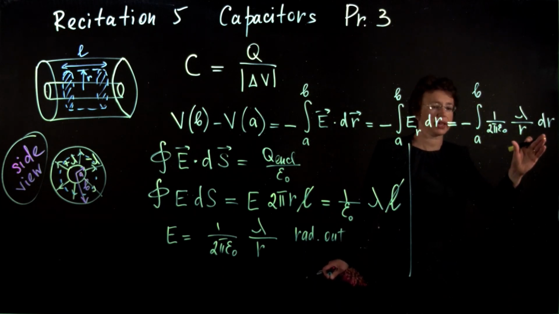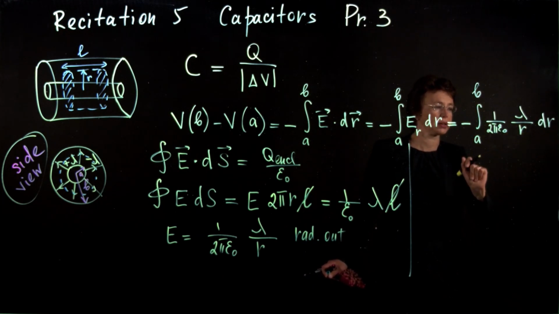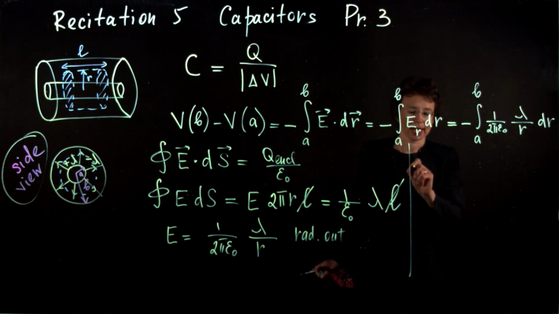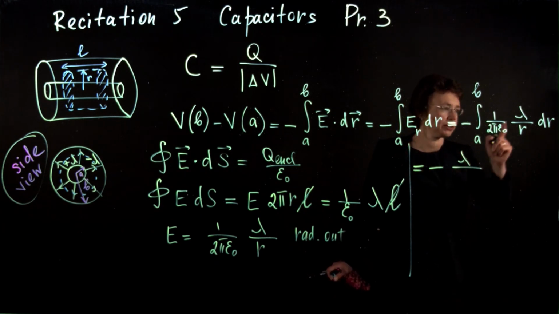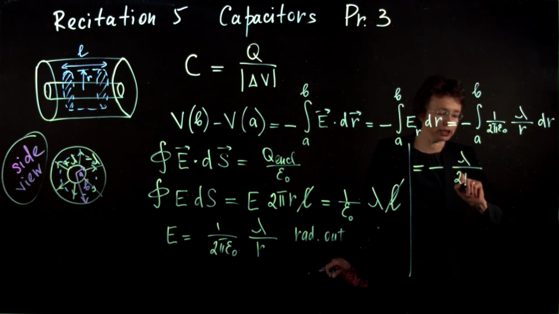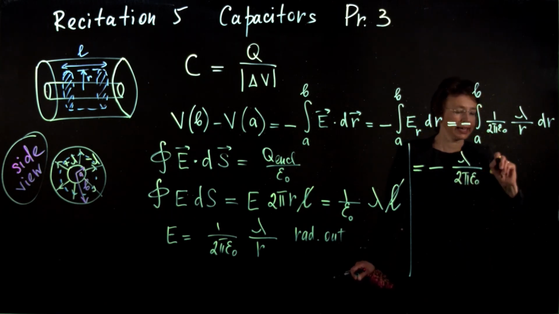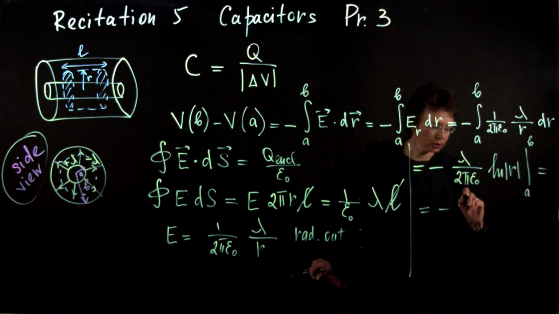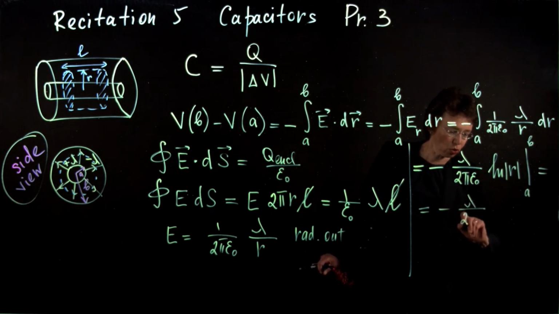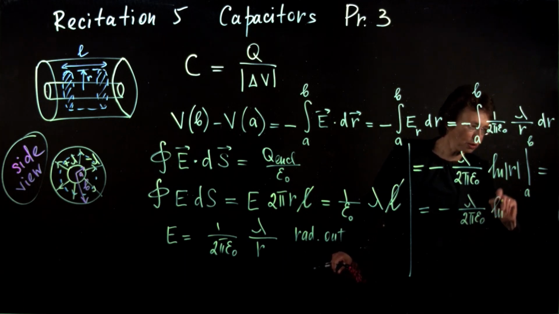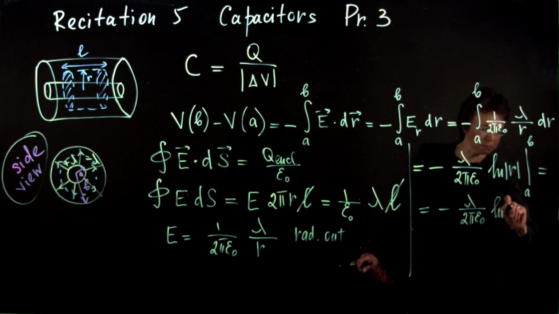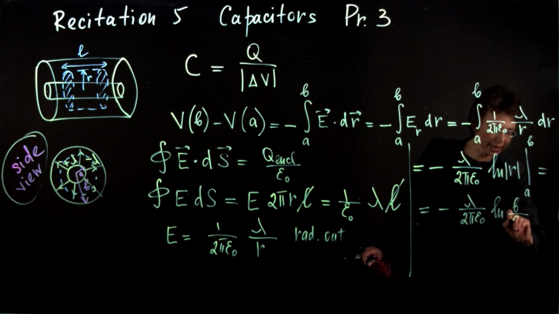This is minus, I take constants out of the integral, lambda divided by 2 pi epsilon naught, logarithmic function of r, and the limits are from A to B. I plug in the limits, and we have minus lambda over 2 pi epsilon naught, logarithm of upper limit b minus logarithm of a, or logarithm b over a.